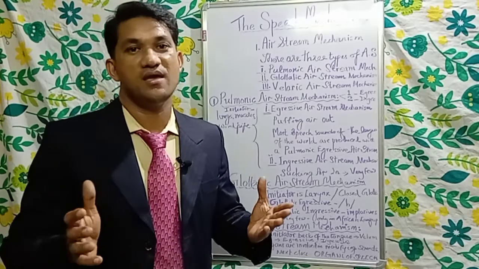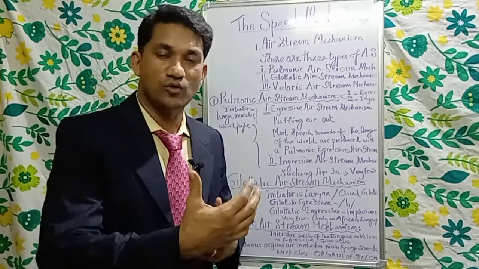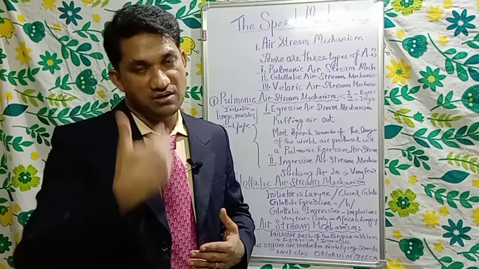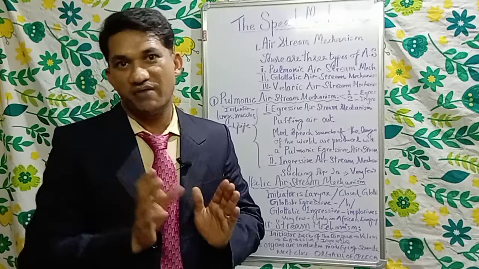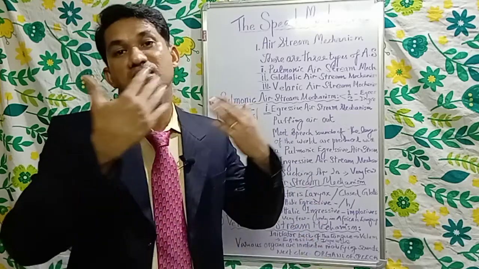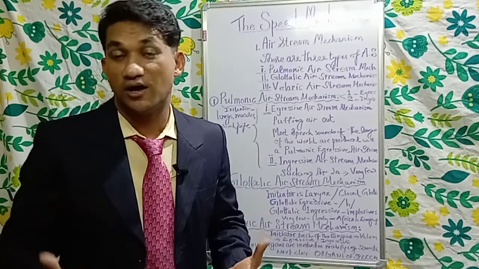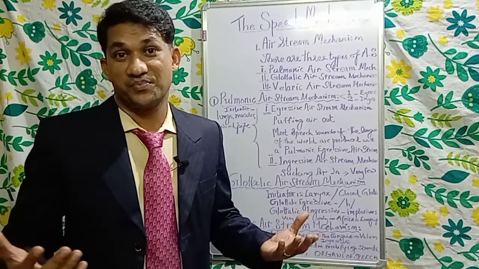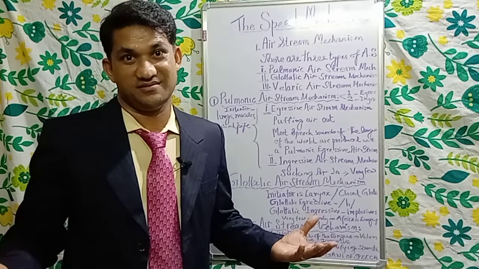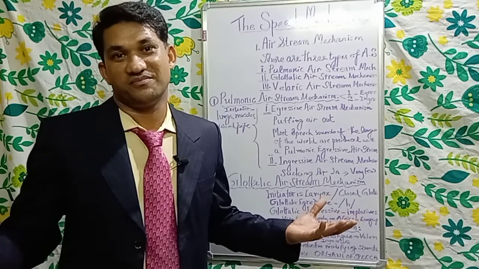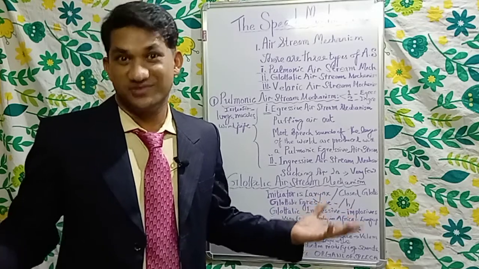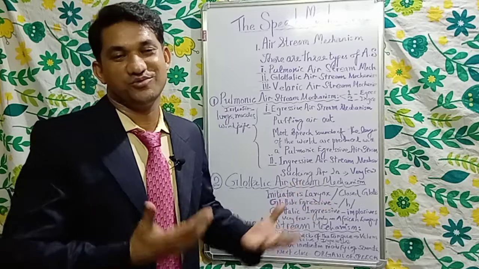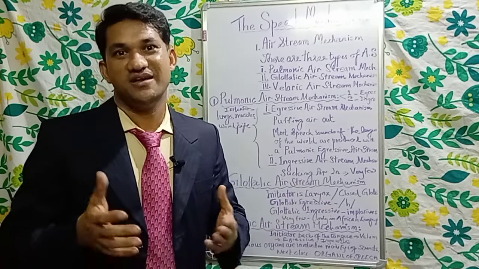So in this way, by pushing air out and sucking air in, we make sounds. And of course, we speak plenty of words, sentences, and beautiful things. This is how language functions in our life.